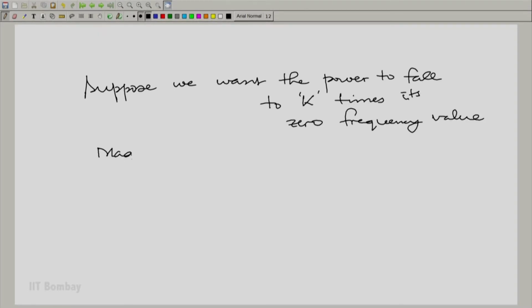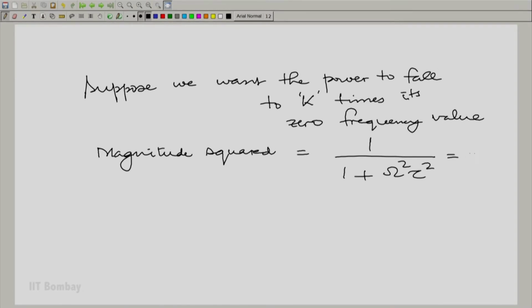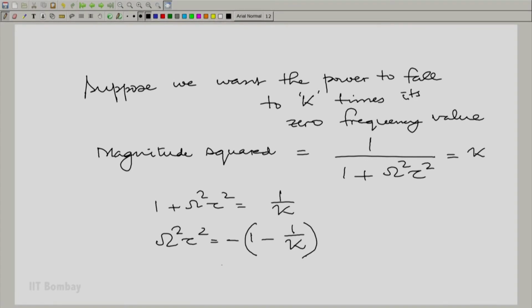We are essentially saying the magnitude squared, which is 1 by 1 plus omega squared tau squared, must be k, or 1 plus omega squared tau squared is 1 by k. So, omega squared tau squared is equal to 1 by k minus 1, and therefore, omega is equal to 1 by tau into plus square root of 1 by k minus 1.